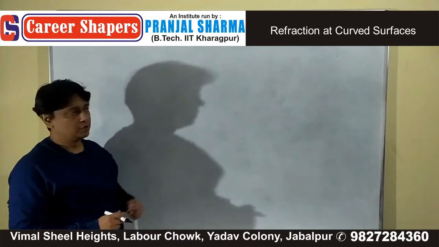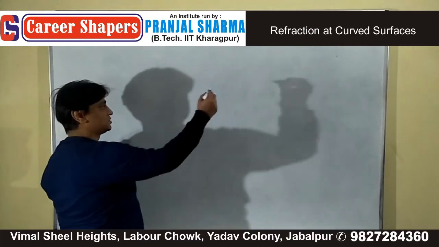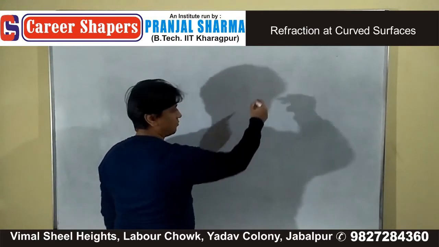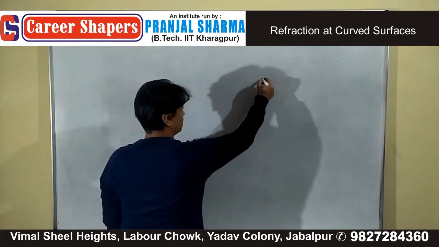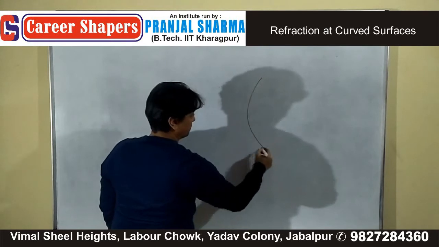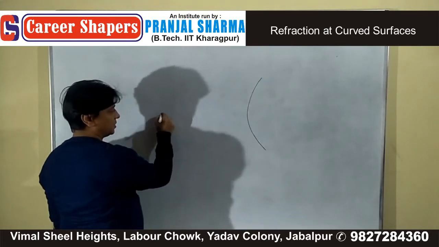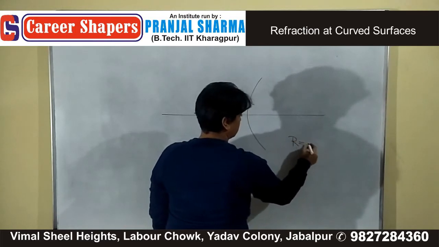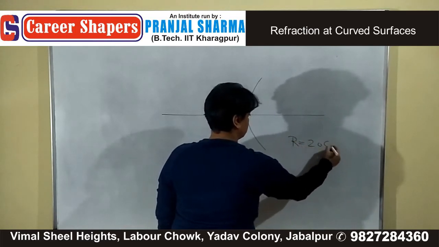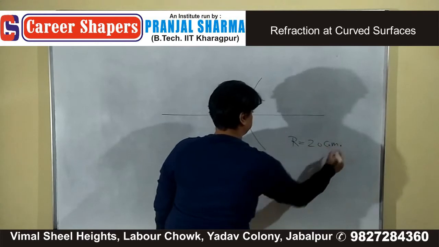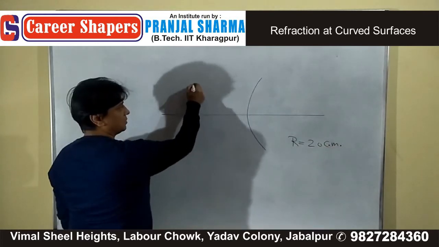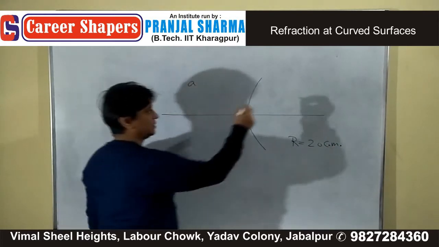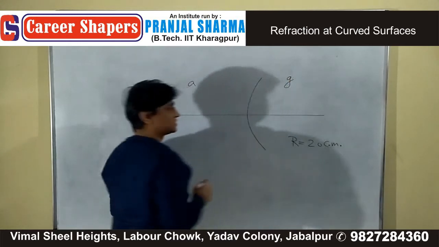Let's see an example on refraction at curved surfaces. Let's take a very basic example. We have a curved surface. Its radius is 20 centimeter. This is air. This is glass.